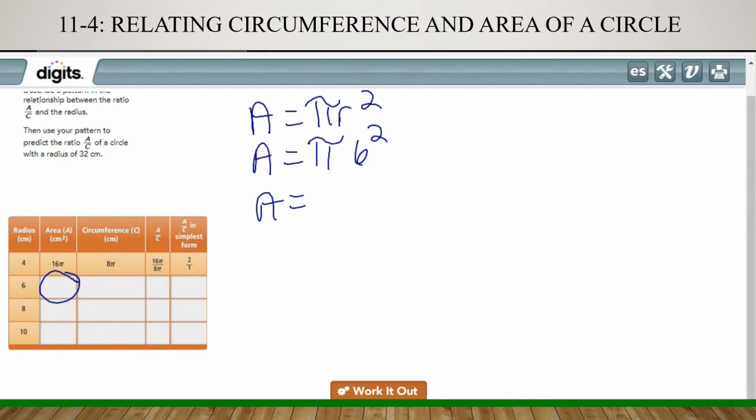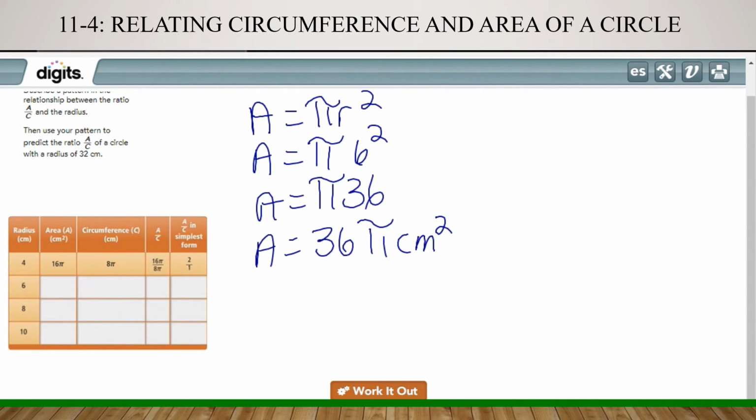So now when I multiply 6 times 6, which is squaring, I get 36. So the area when the radius is 6 is 36 pi, and we're not going to put the units because the units are already up here.